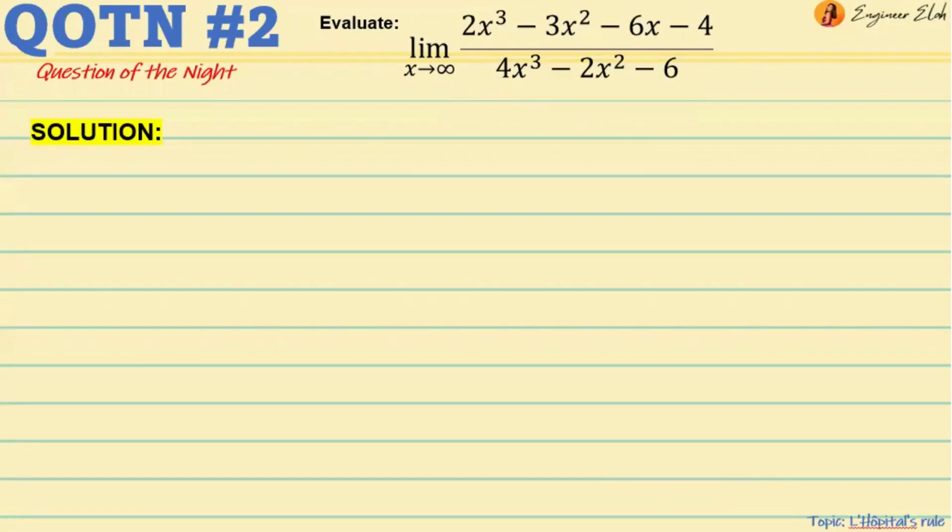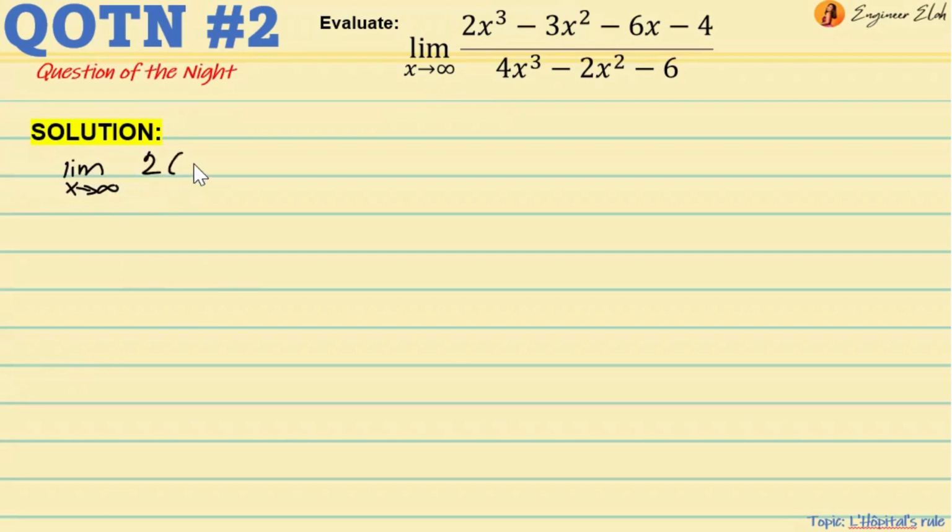Okay, so again, kailangan lang natin i-substitute ito. Okay, so that will be limit as x approaches infinity.